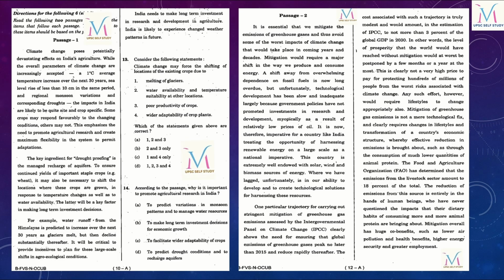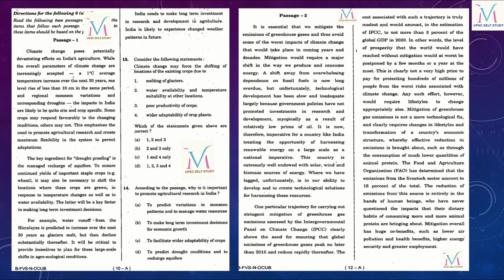So for this, option B is correct. 2 and 3. Climate change may force the shifting of locations of existing crops due to 2 and 3, water availability and temperature of other locations and poor productivity of crops. According to these two reasons, the locations will be changed. Okay. So for the 13th question, the answer B is correct.